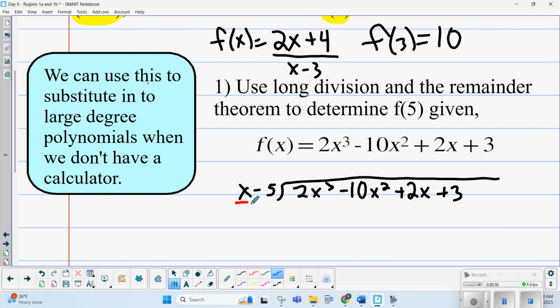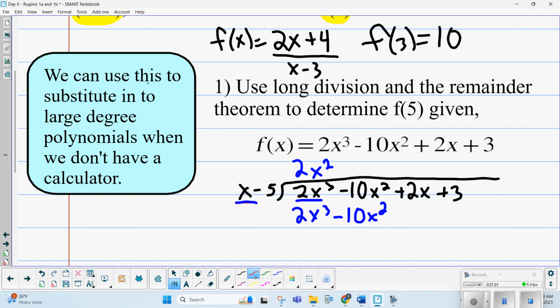So what do I need to multiply x by to get 2x cubed? It would be 2x squared, and then we'll distribute: 2x squared times x is 2x cubed, 2x squared times negative 5 is negative 10x squared.